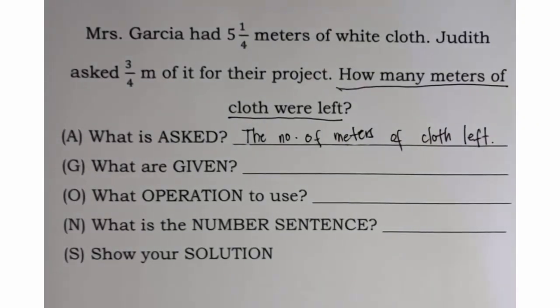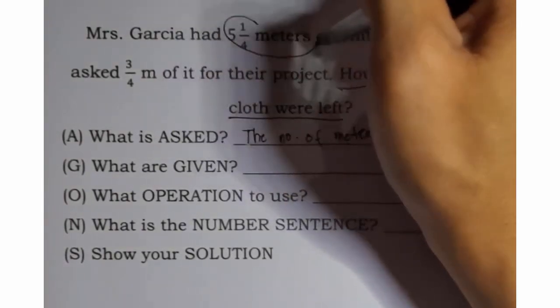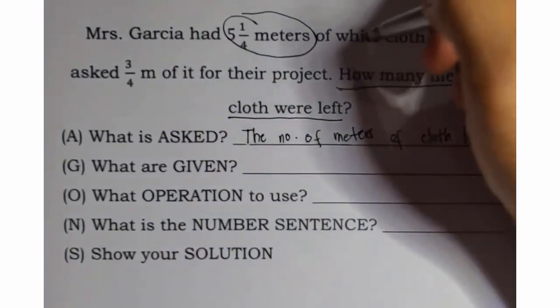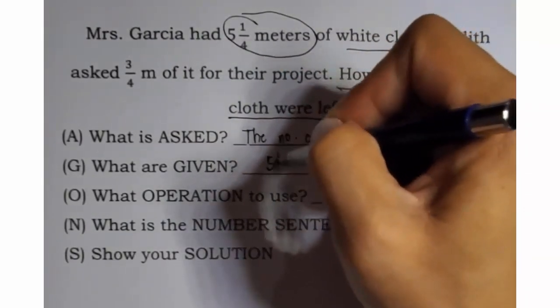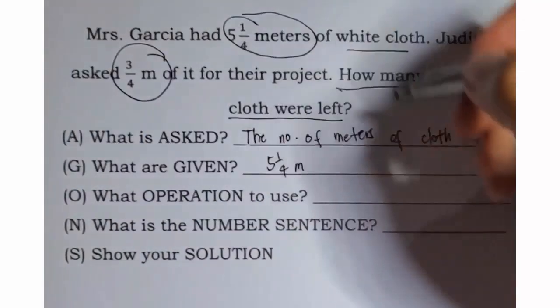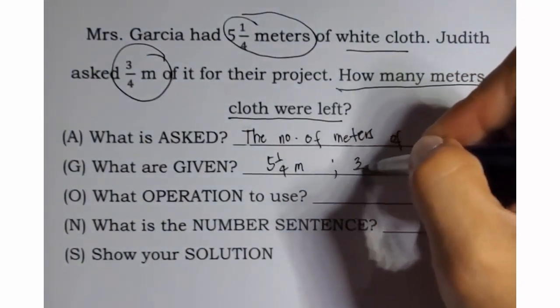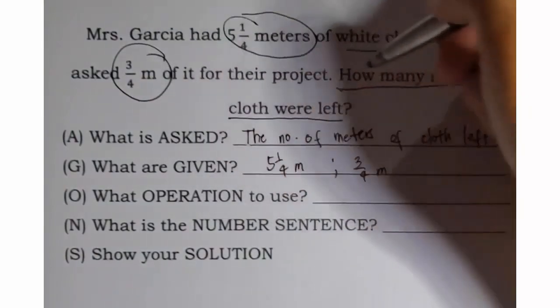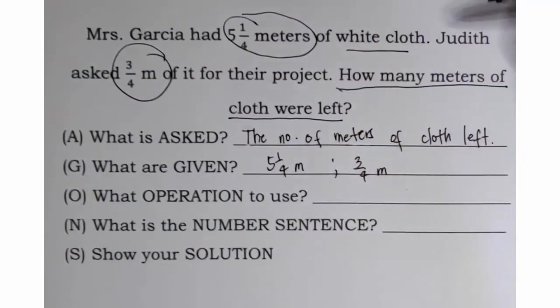For our given, we have 5 and 1/4 meters of white cloth. And of course, we also have 3/4 meters. These 3/4 meters will be taken out for Judith's project.